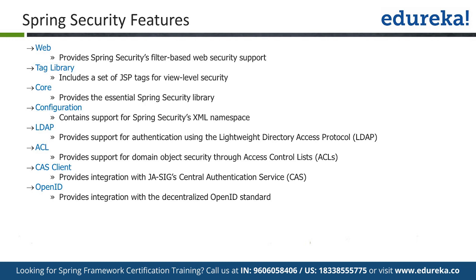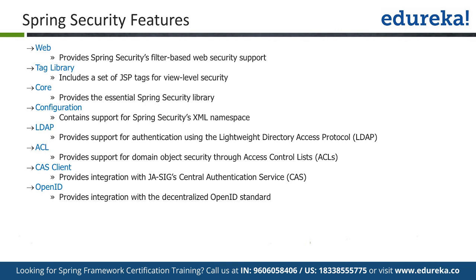For example, you are new to the market, you are developing an application, and you don't have enough infrastructure or resources. So what you are going to do is buy some security features from Google. Maybe you are not even giving your end user an option to sign up. You are simply using Google and Facebook with the help of OpenID integration in your application. So any user having a Google or Facebook account can log into your application.